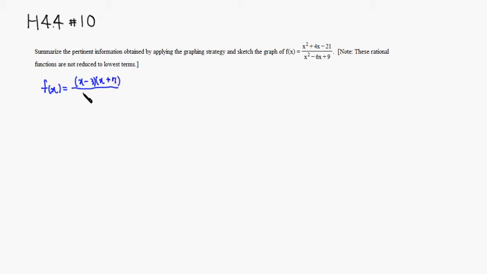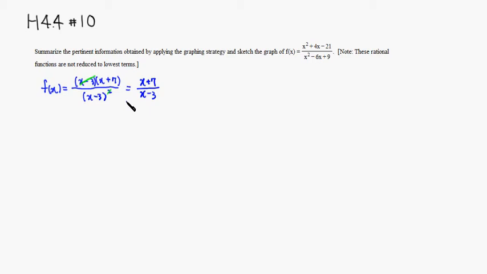On the bottom it's x minus 3 squared. So why not reduce and cancel out the x minus 3 and one of these? This is actually x plus 7 over x minus 3.